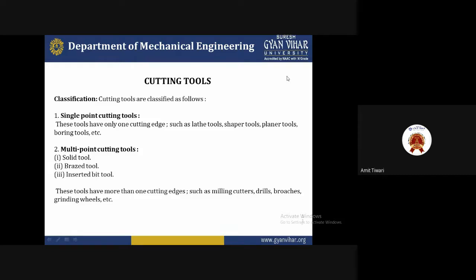If you use a lathe tool or shaper tool, we require a single point cutting tool. For a milling cutter, drilling, and grinding, we prefer the multi point cutting tool. A multi point cutting tool has different types: the solid tool, brazed tool, and inserted tool bit. We require the type depending on the application and the requirement of the machining.